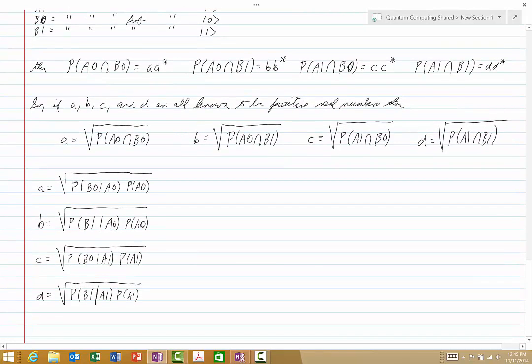And once again, we can manipulate these algebraically and make these expressions a bit different, but those are the results we would get for A, B, C, and D, provided that we know that A, B, C, and D are all positive real numbers.